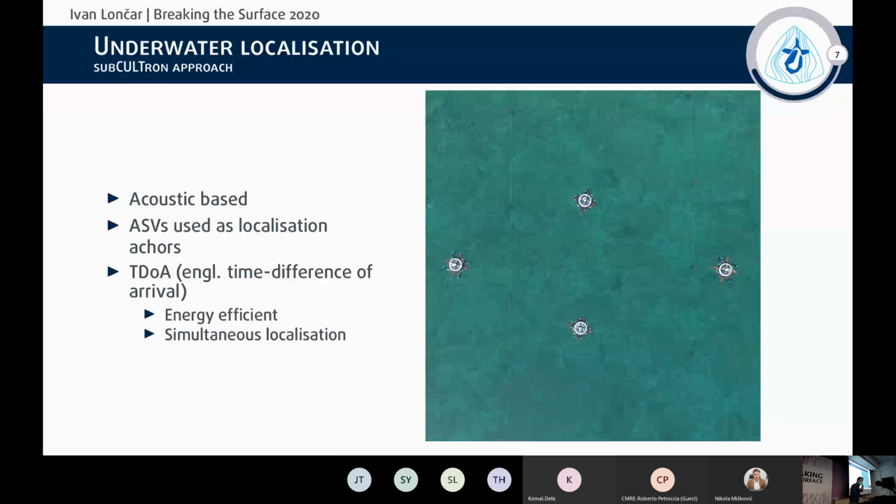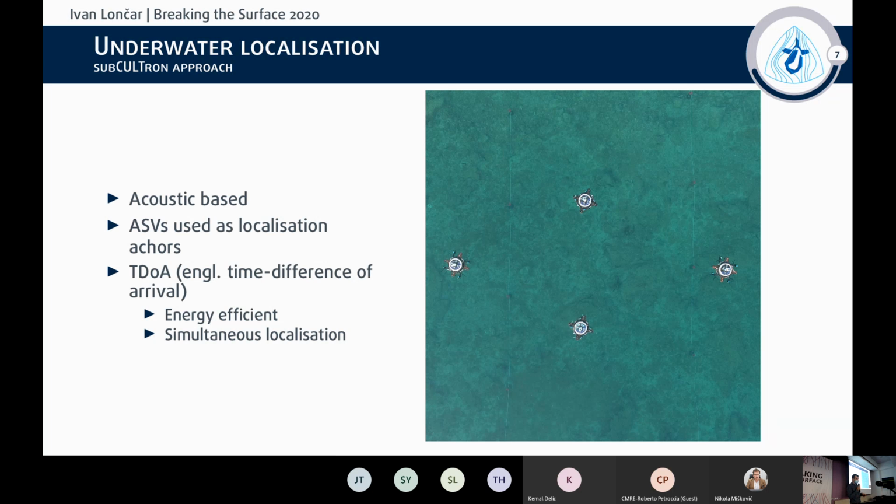And now I'll talk to you about the subCULTron approach for localization. It is, of course, acoustic-based, since underwater agents are equipped with low-cost acoustic modems. ASVs are used as localization anchors. That means they're practically reference points with known positions. And we use time difference of arrival measurements since they're energy efficient.